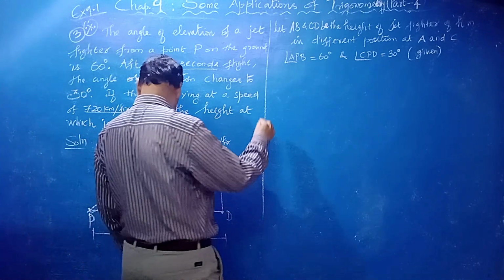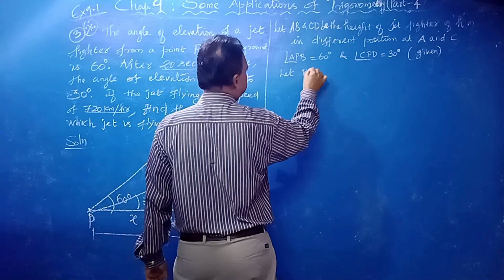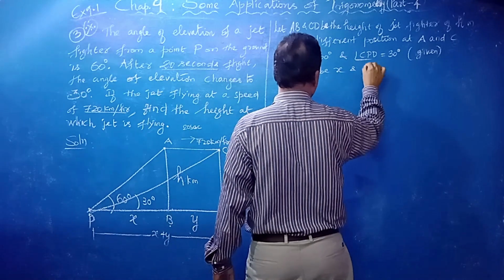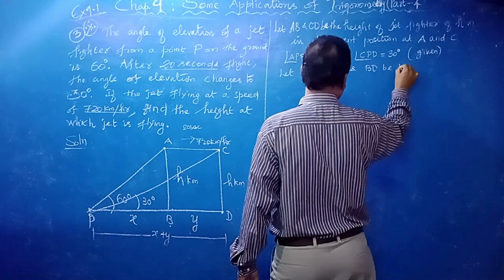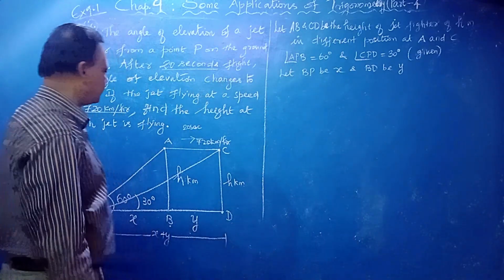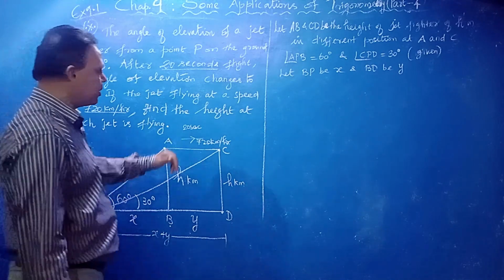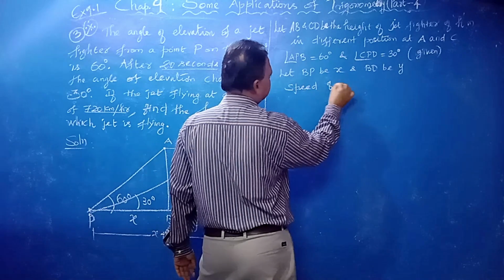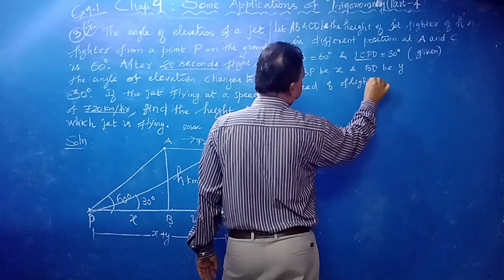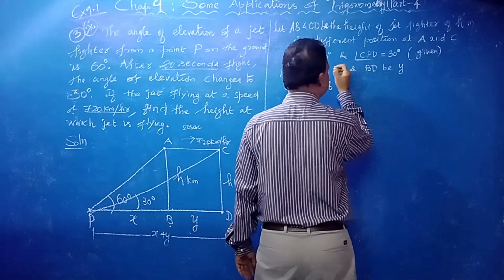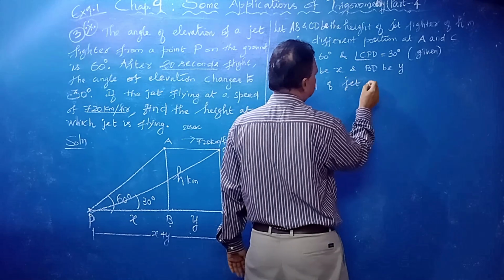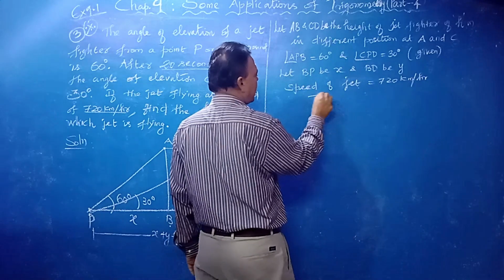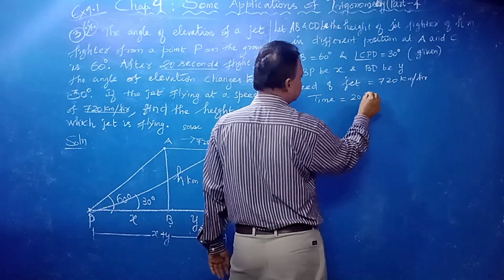Let BP be X and BD be Y. Okay, Y you take. Now speed of the jet is 720 km/h, and time is given 20 seconds.